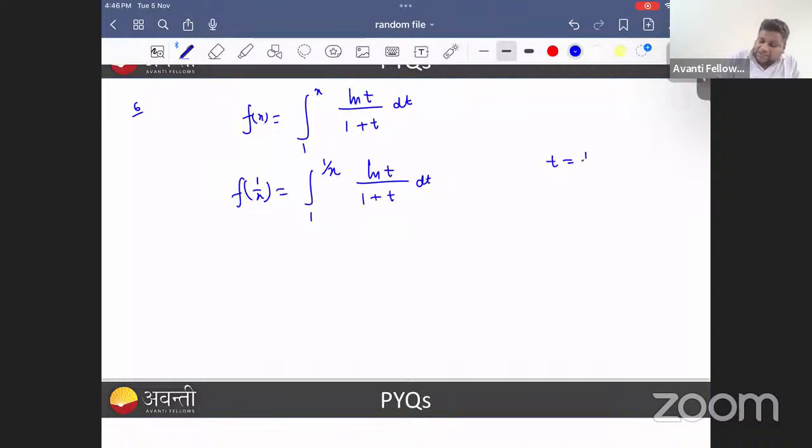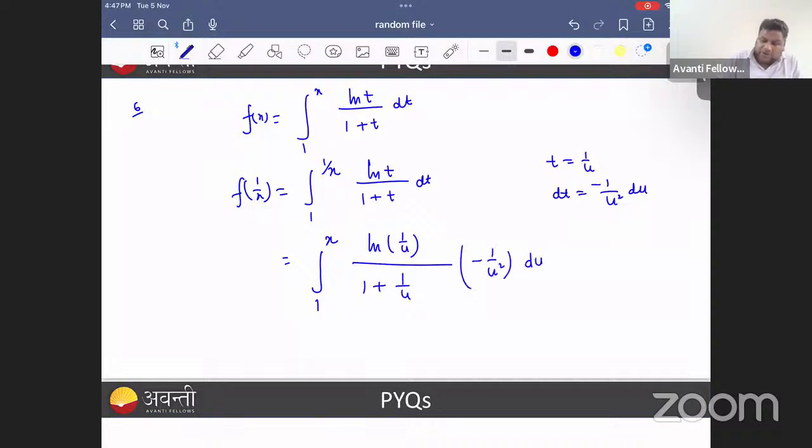Now replace t as 1 by u. So dt will be minus 1 by u square du. So limits will become 1 to x, ln of 1 by u upon 1 plus 1 by u, minus 1 by u square du. Am I correct?